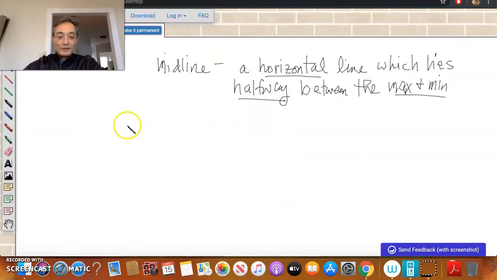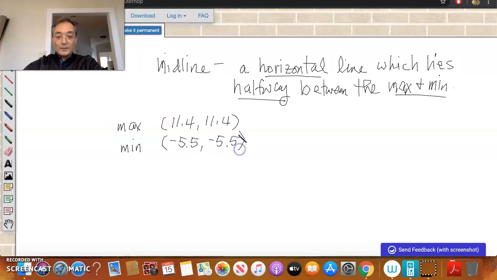So we have the maximum point at 11.4, comma 11.4. And the minimum point is at negative 5.5, comma negative 5.5.